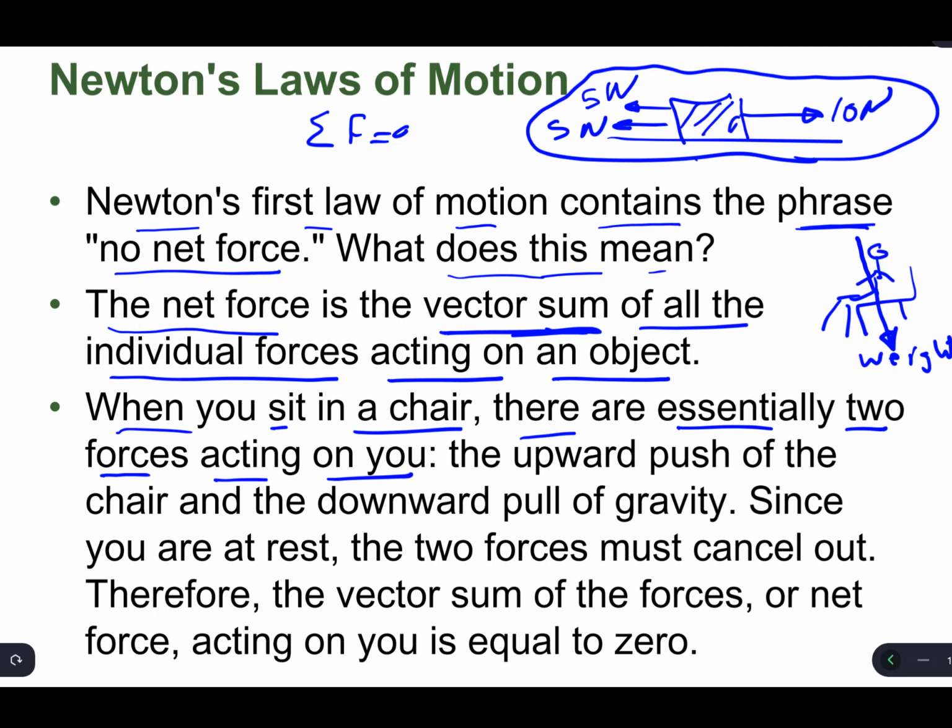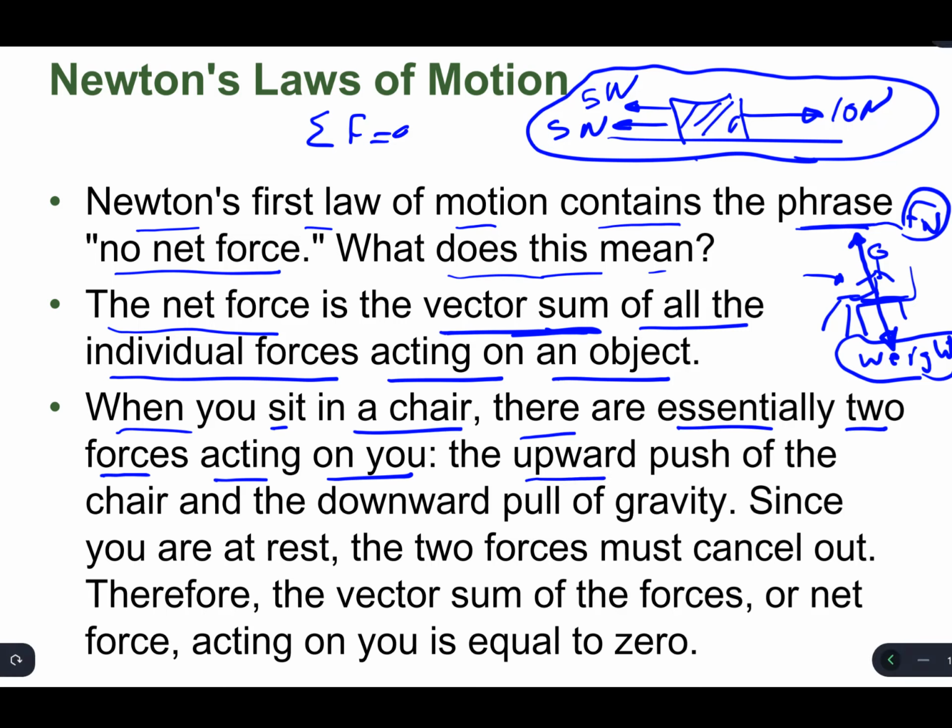And there is another force normal to the chair, perpendicular to the chair, that we call Fn, or the normal force or the support force. And both forces are equal in magnitude and opposite in direction, so you are staying at rest.